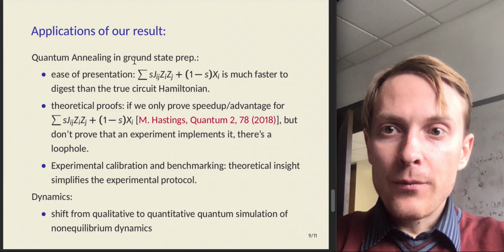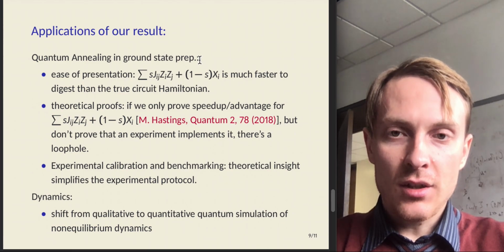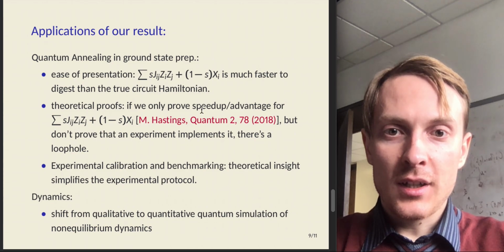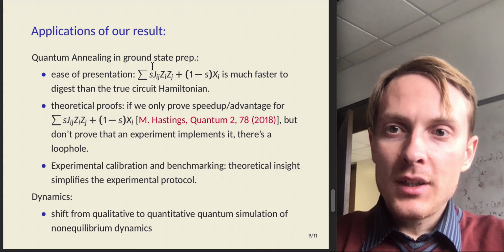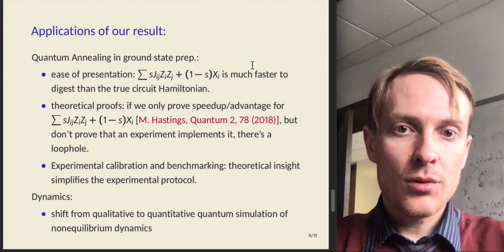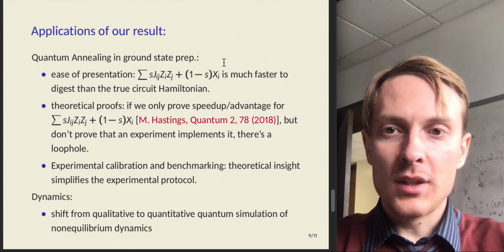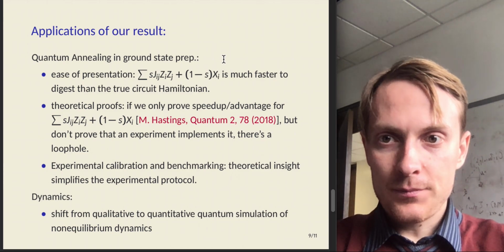So if we are in the context of ground state preparation, technically our result is not necessary for doing the experiment and doing research in that area, because all we need for ground state preparation is to make sure that the final Hamiltonian, when we want the desired ground state, is the one that we need.